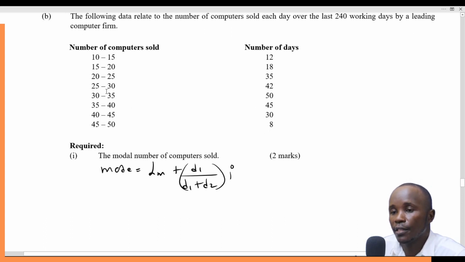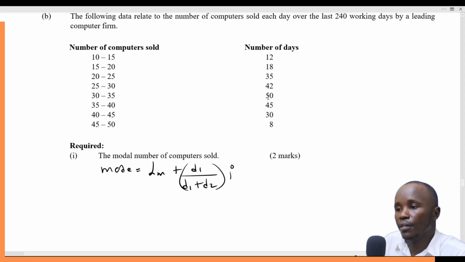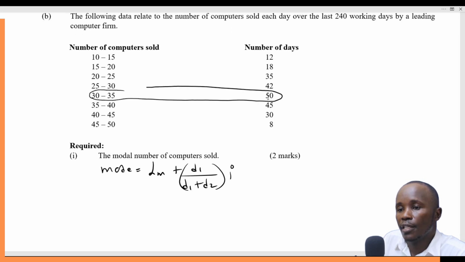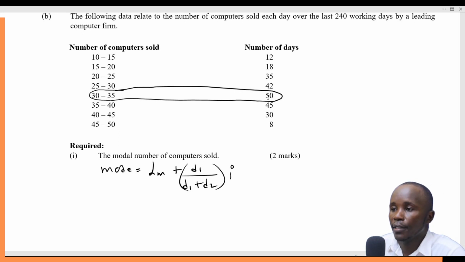So in this case, the class with the highest frequency is 50. This one here is my class with the highest frequency. There are 3 at the bottom and 4 at the bottom and 3 on top.